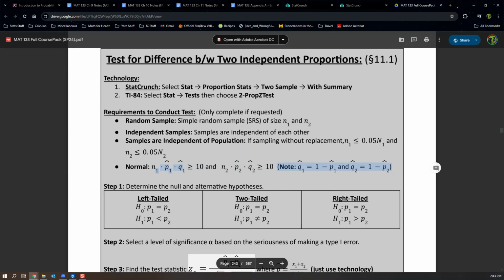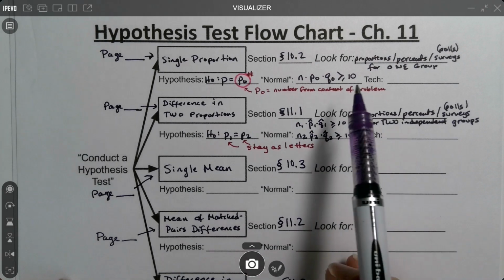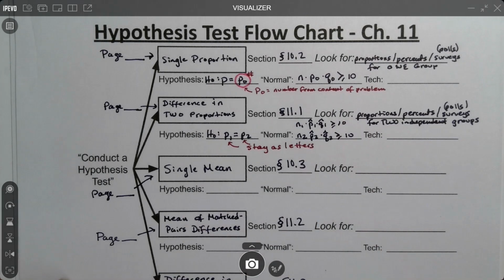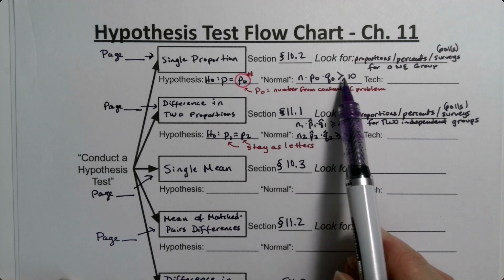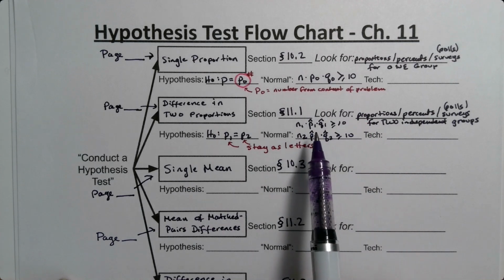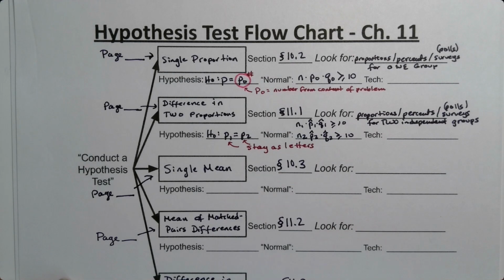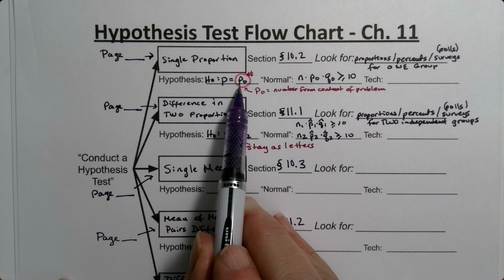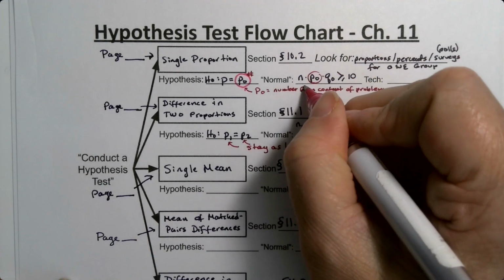So I'm going to write all of that in right there. There they are. So they look similar, right? N times p0 times q0 greater than 10 versus doing it twice. But this one allows you to use the p hats, whereas that one you have to use the ones from the null hypothesis, right? That's where the p0 comes from. It's the same number. So this same number right here is that right there.